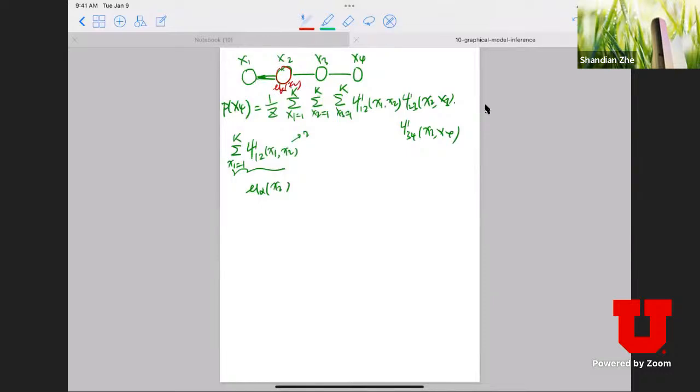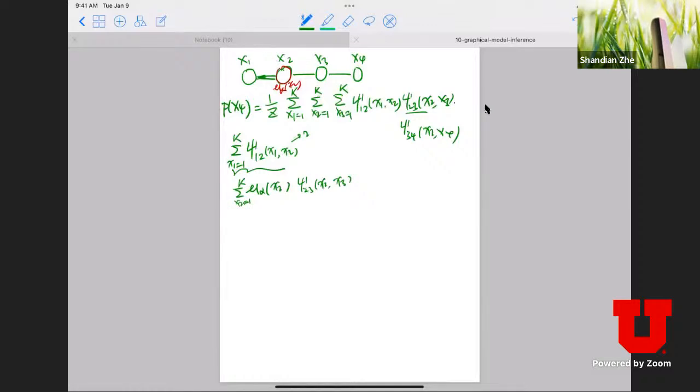Next, we can conduct the second level of summation. That means we can involve psi23. Let's multiply this intermediate function with psi23 of x2, x3, and then sum over x2.